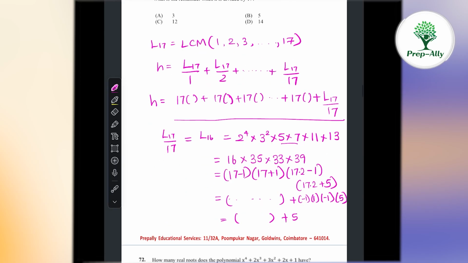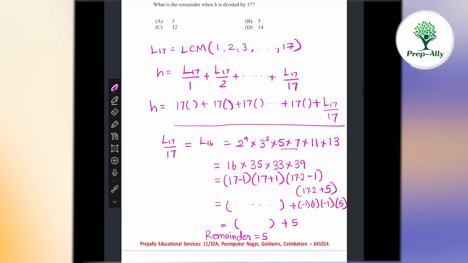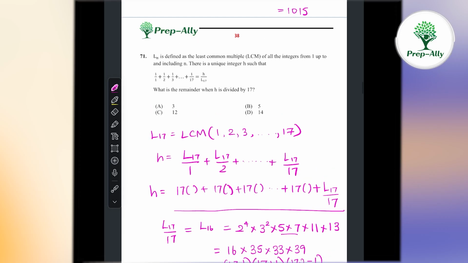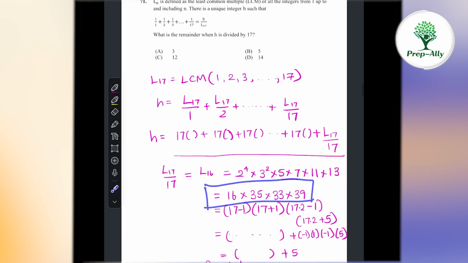So the remainder equals 5, and this becomes much simpler if you use modular arithmetic. And if we used modular arithmetic in this step, we would get the remainder as 5.